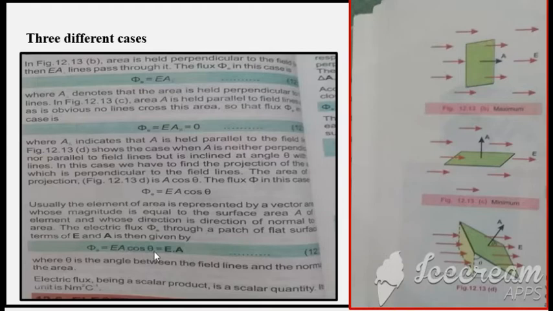Phi is equal to EA cos theta, which is equal to E dot A, where theta is the angle between the field lines and the normal to the area. Electric flux, being a dot product between two vector quantities, is a scalar quantity. Its unit is N m square per coulomb, meter square for area, and Newton per coulomb for electric field intensity.